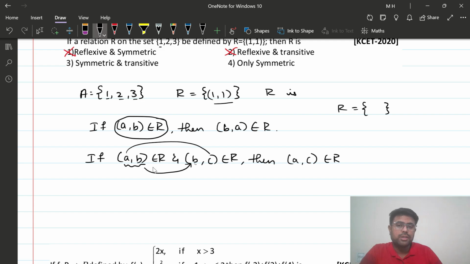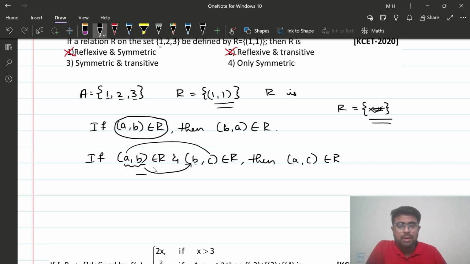Two ordered pairs, but here there is only one ordered pair. So there is no question of checking for transitivity. Again, it is by default true. Why? Because AB is there, BC is not there, then it is still transitive. If AB and BC are both not there, again if I take up the empty relation, there is no AB, there is no BC, there is nothing, so it is transitive. Okay, when is it not going to be transitive?